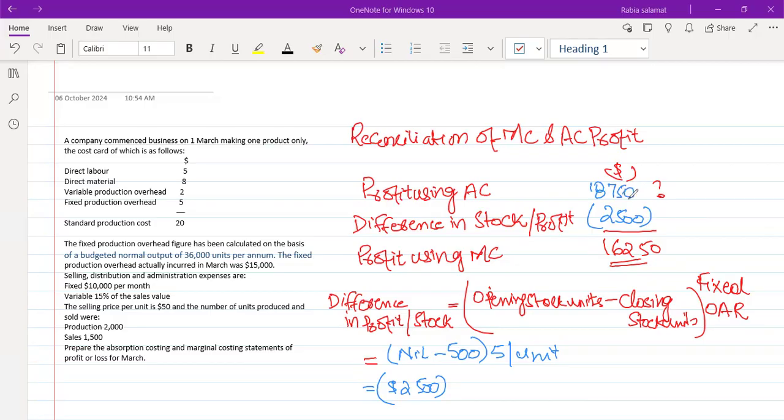This is your profit using absorption costing. Clear? This is all about marginal and absorption costing.